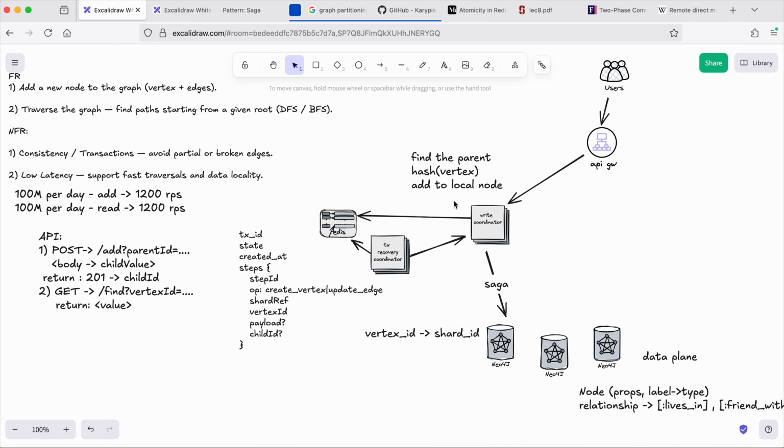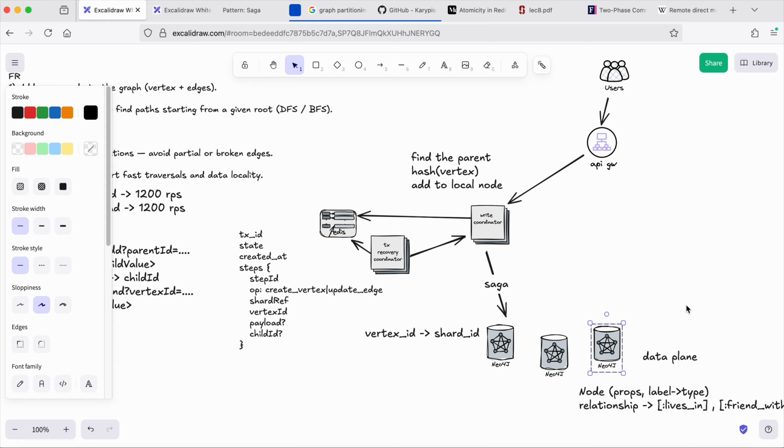We are going to use the Saga for distributed transactions, and we are going to use a graph partitioning algorithm, avoiding just hashing for sending data to different nodes. Because, for example, if the parent is here and the child is there, then it might be really complex to support fast queries.